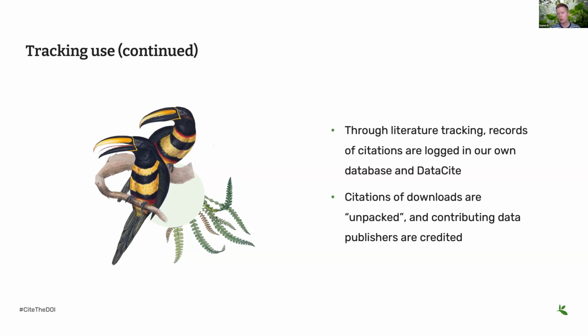Through that, we're able to record citations and log them in our own database, and we also feed those citations back to DataCite. In our own system, we unpack citations of downloads so that we can contribute citations toward the individual data publishers whose data was used in a publication.